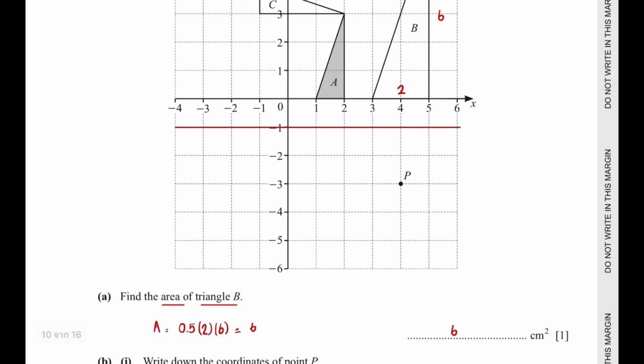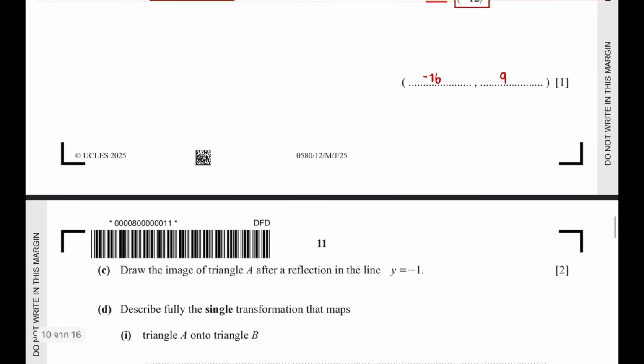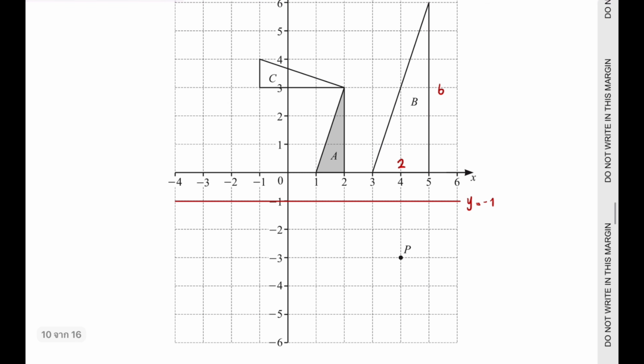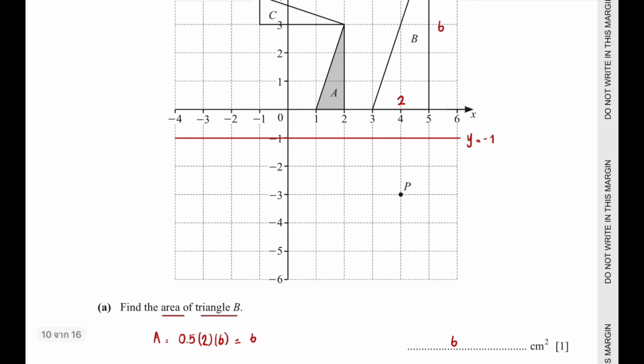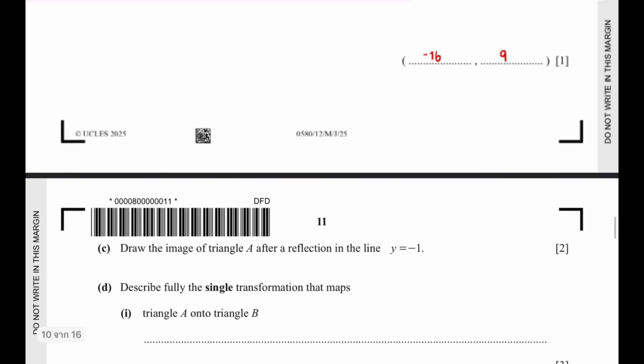So this is the line of y equal to negative 1. So the reflection of triangle A will be this point, and this one. So, yep, there you go.